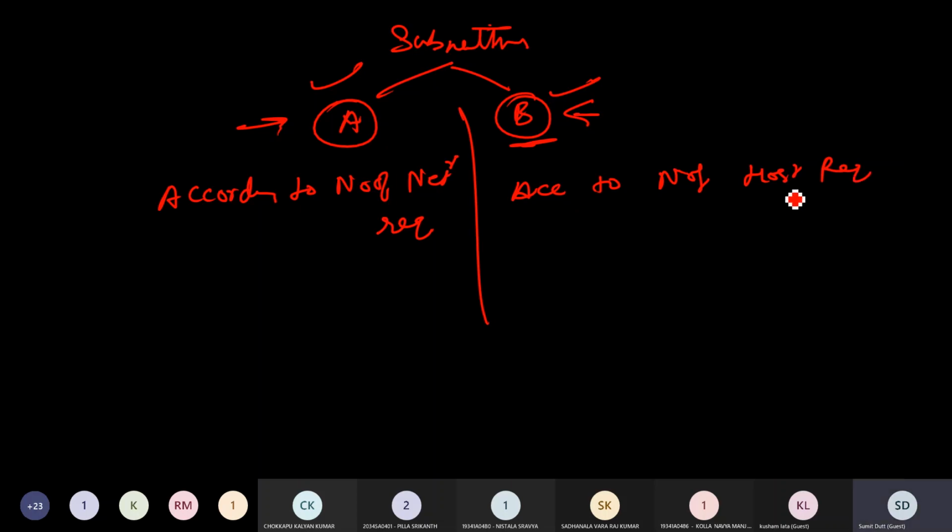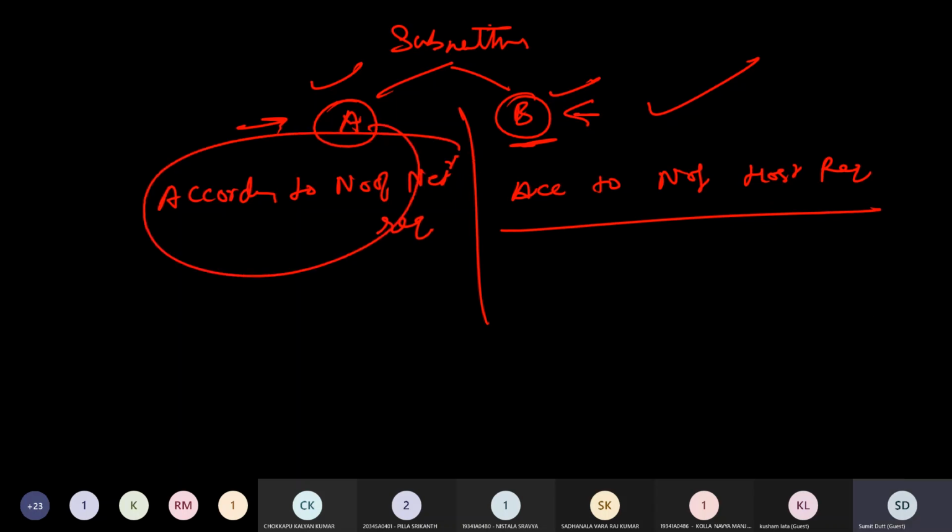Okay, let's make it the other way around. Today I'm explaining the method according to the number of hosts required, and I will give you an assignment on the one according to the number of networks required. Okay, you will understand the concept right away.